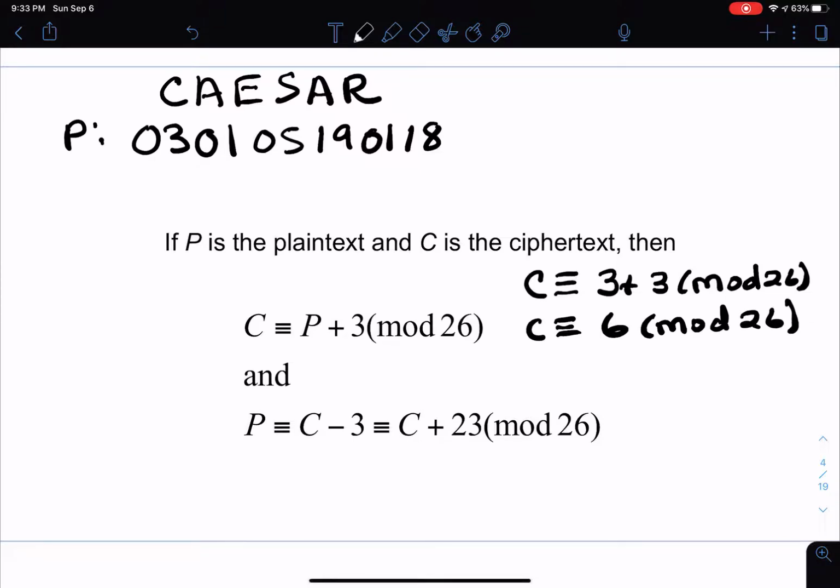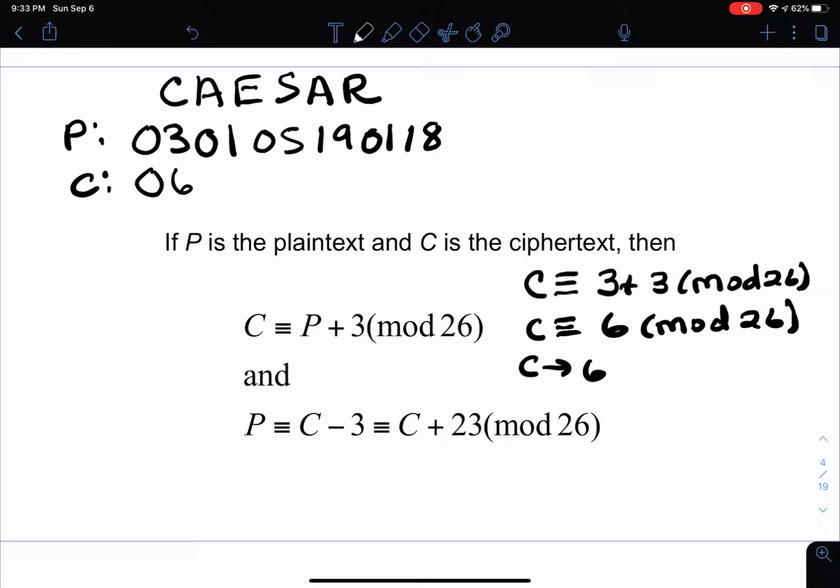So you could say that C should be encoded as 6. So if you put a 6 there as your ciphertext, you could do that for each of those numbers. Basically, you're adding 3 because you're going 3 letters down in the alphabet.